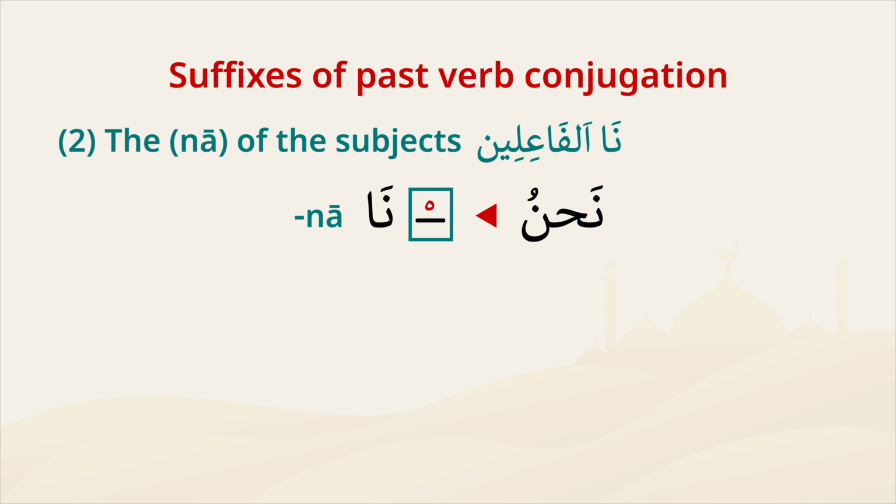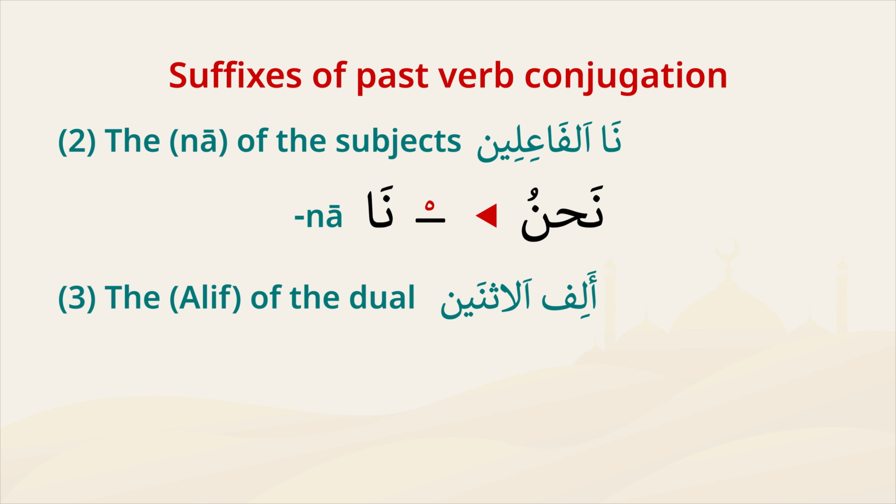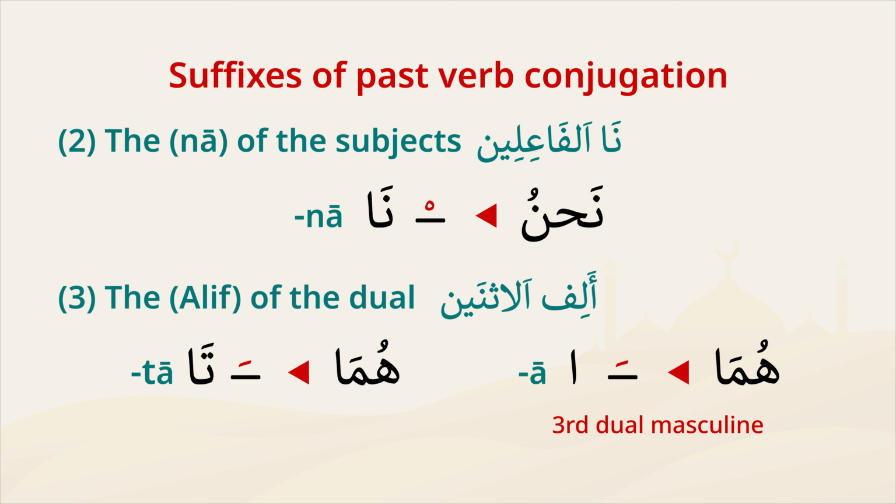The third one is ألف الاثنين, which appears in 2 forms: as a simple alif for the third person dual masculine, and an alif preceded by ta for the third person dual feminine. In both of them, the last letter of the verb takes fatha.